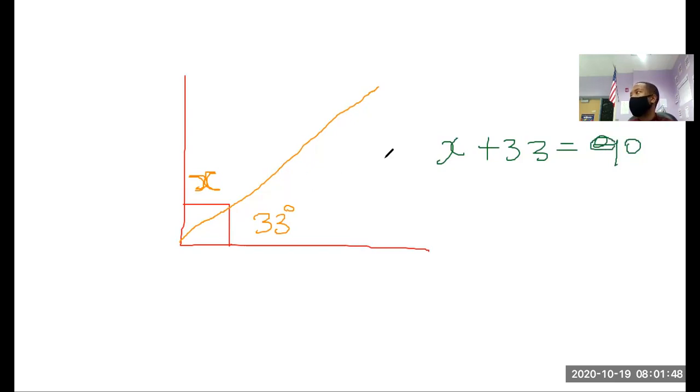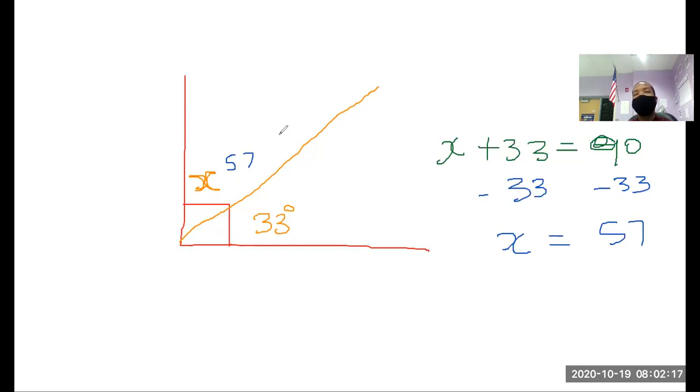Now I have to figure out what X is. In order to do that, we go back to one of the first things we learned. We talked about the additive inverse. So we minus 33 on both sides. So then we have X is equal to 57. So X right here is 57. If I add 57 and 33, they equal 90.